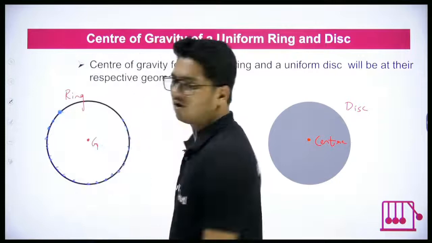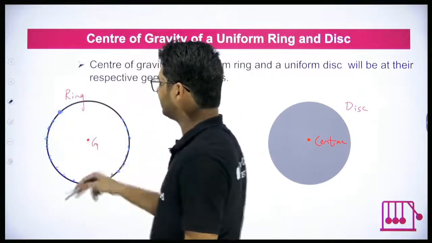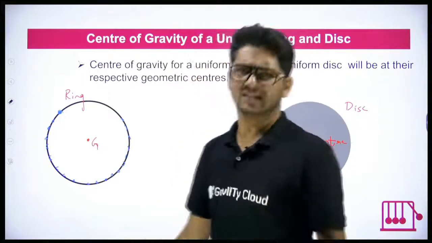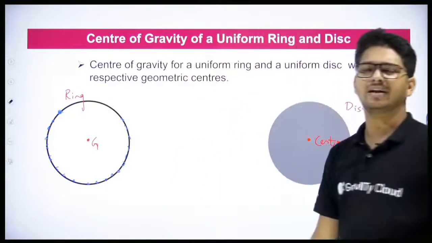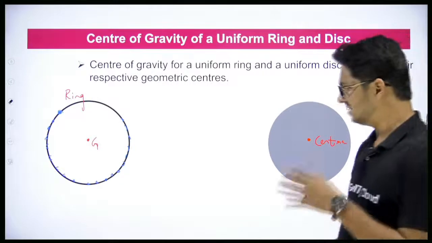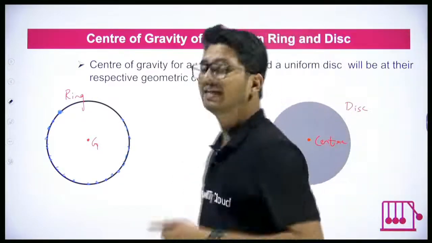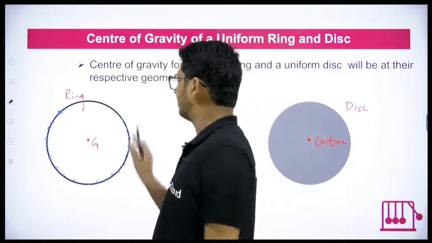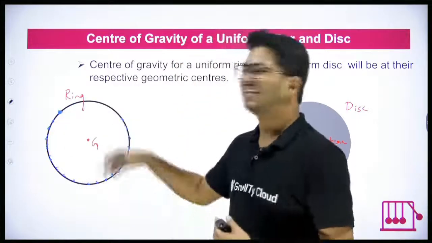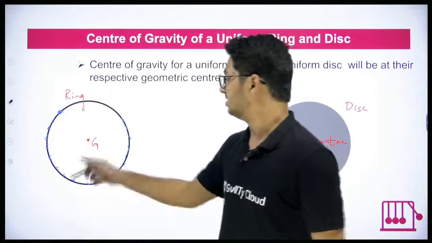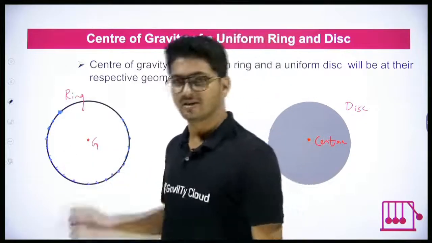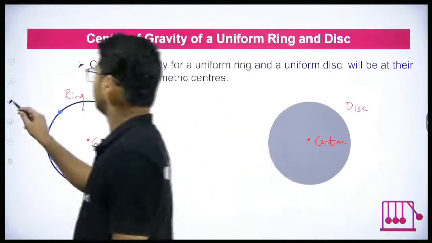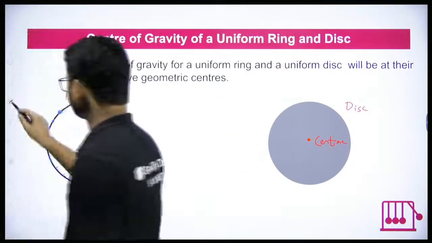But here you can clearly see that the center of gravity is at the center, and at the center, do you have any mass? Is there any material of the ring at the center? No. That means these blue dots represent inside the body, and anything outside it is outside. So your center of gravity is outside the ring. Got it? Good.